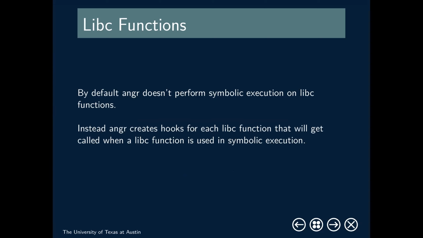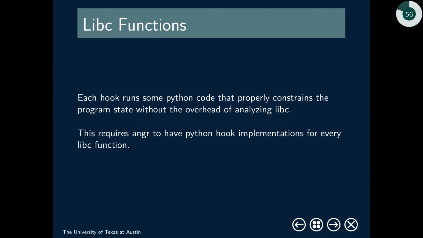Each hook is some Python code that just skips the analysis of the libc function and just directly constrains the program state through Python code. So this requires Angr to have hook implementations for every libc function, but I guess we don't really care about that because Angr already did it for us.